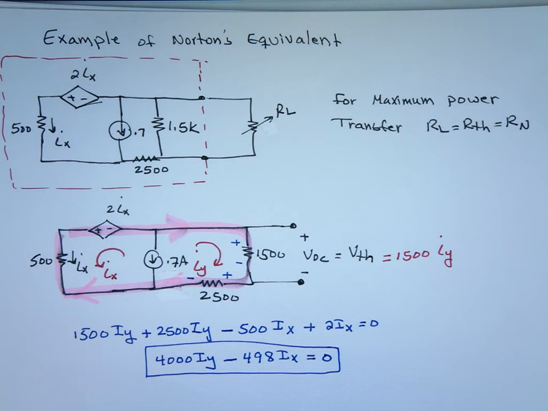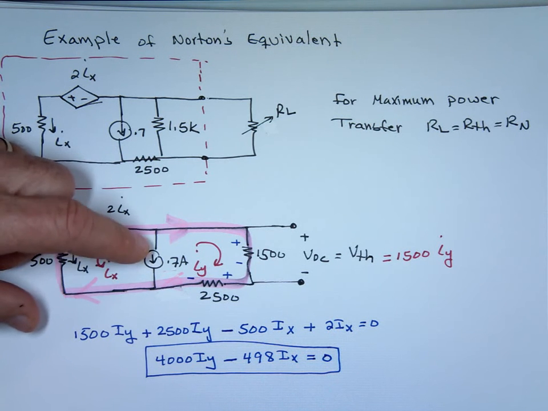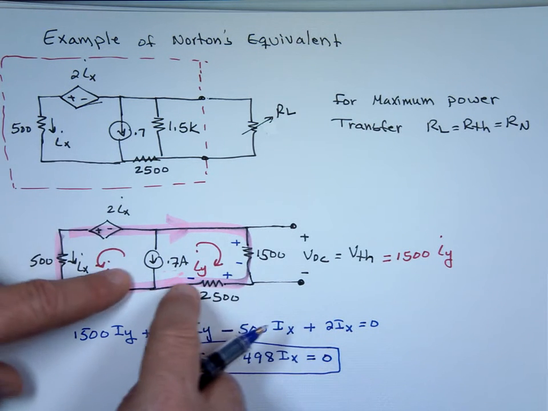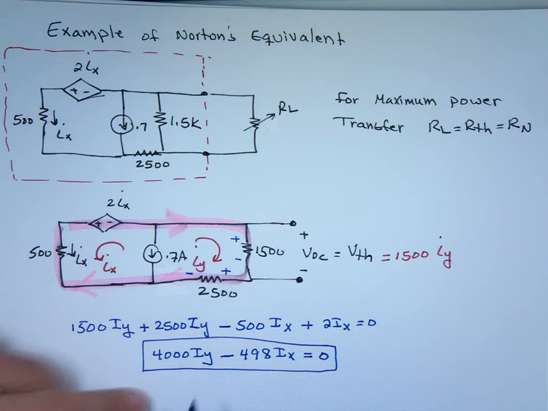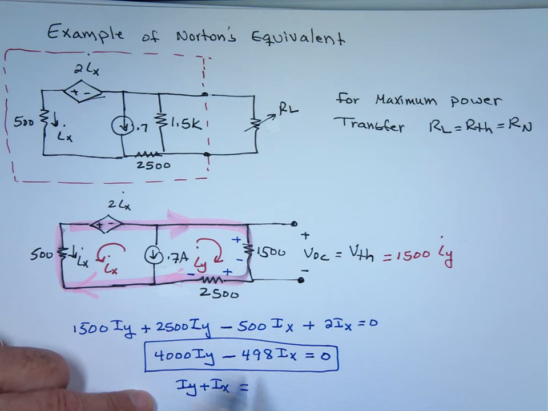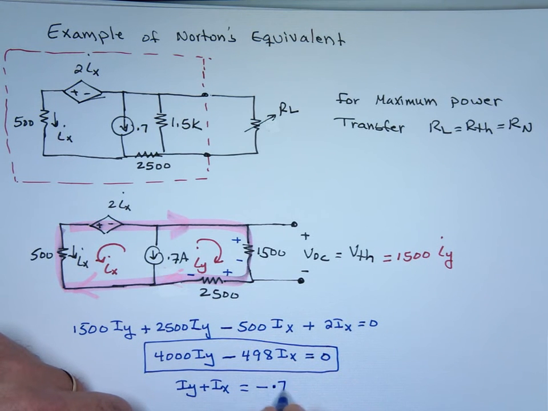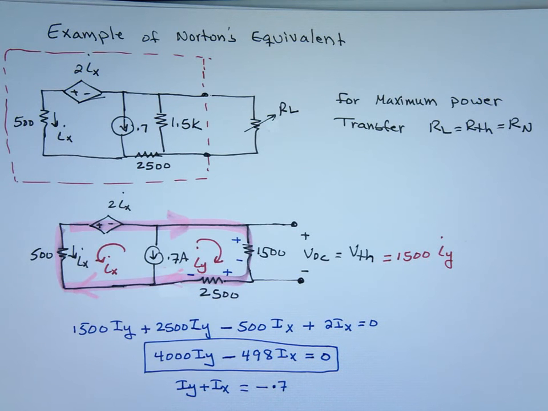I need a second one. That current source, the 0.7 amp. Notice both of these currents are going to combine, which way going? Upward. So I sub y, add to it I sub x, is going to equal what through that? Negative 0.7. Very good, because they're both pushing up. That's my second equation.